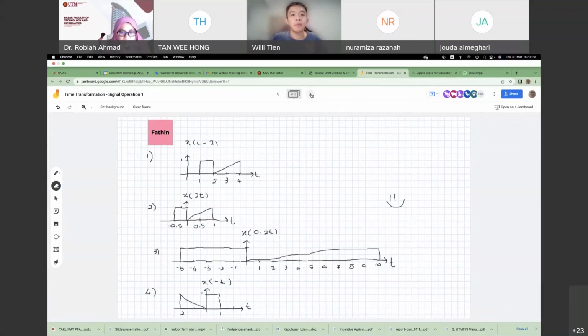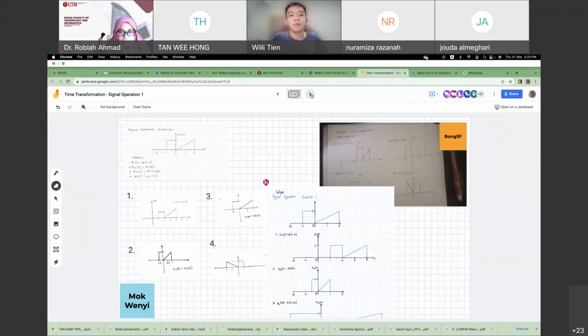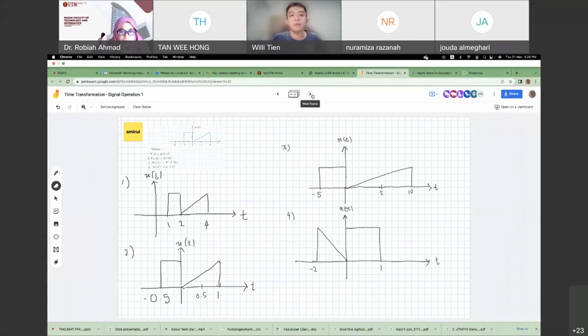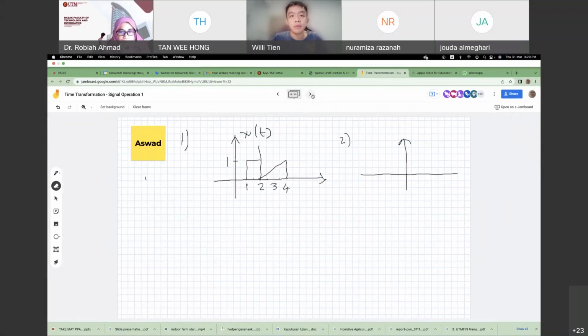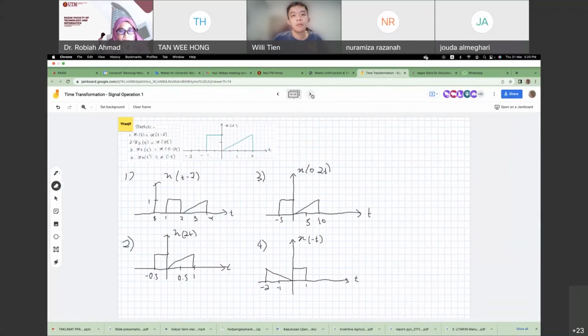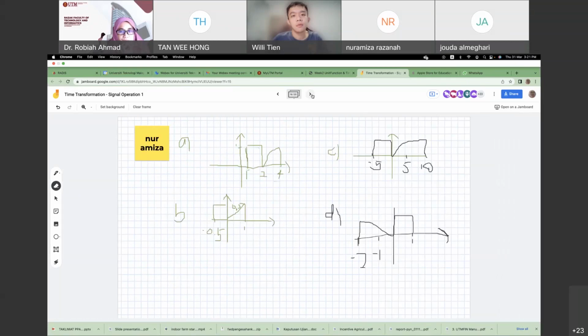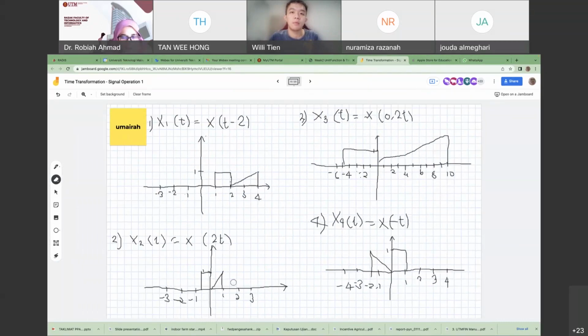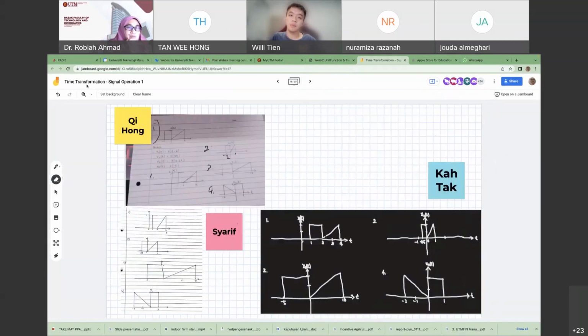Okay, good, very good. Mirror. Okay, good. Aswad? What happened, Aswad? Tuti, what do you need to do for 0.5? Okay, so most of you got it right.